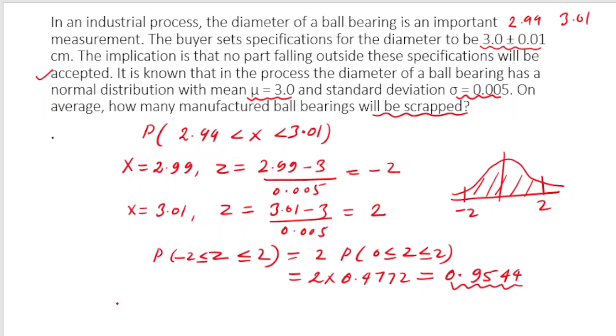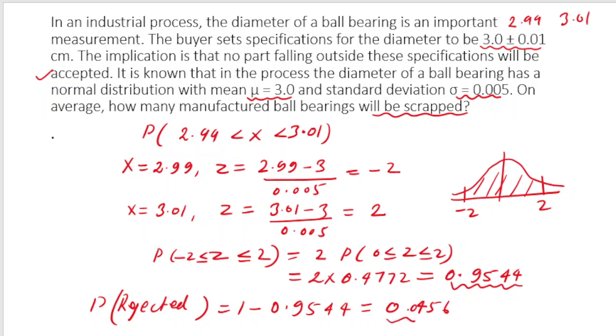So how many items on average will be scrapped or rejected? If I calculate the probability of a rejected ball bearing, it is equal to 1 minus 0.9544, since this is the acceptance region. This is equal to 0.0456.